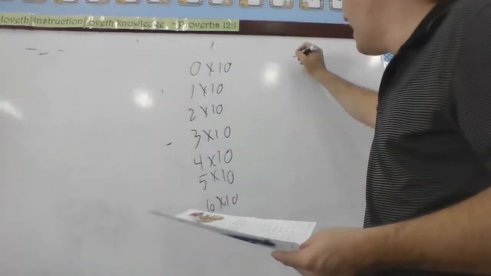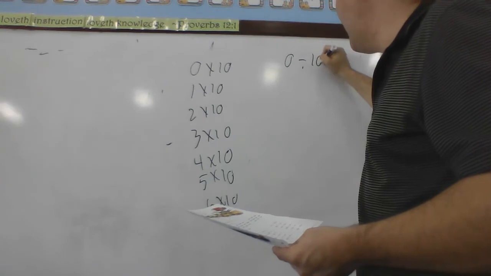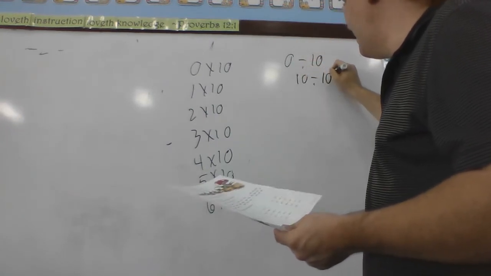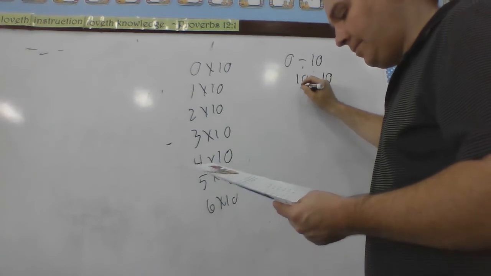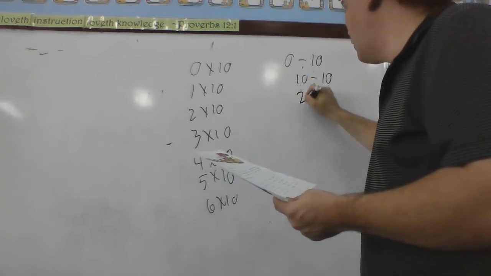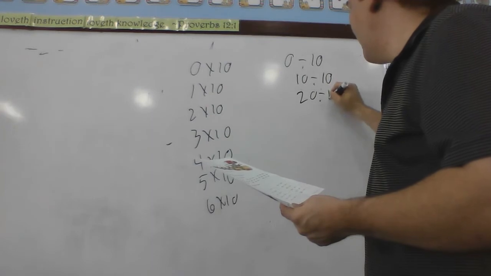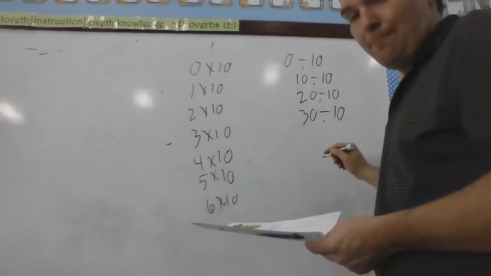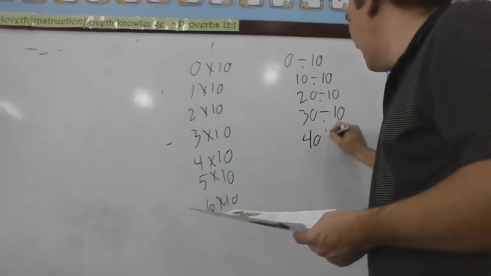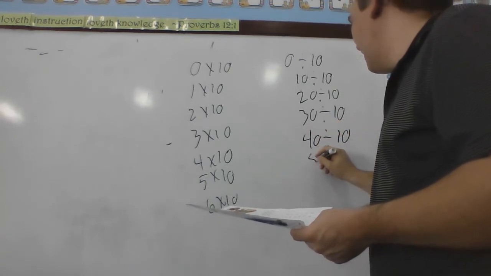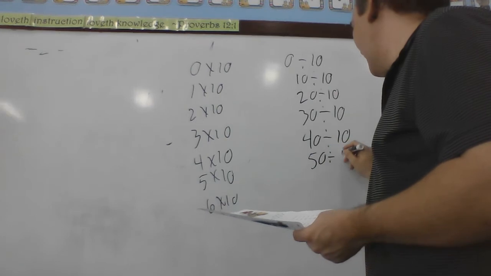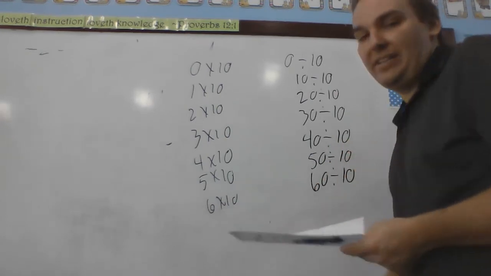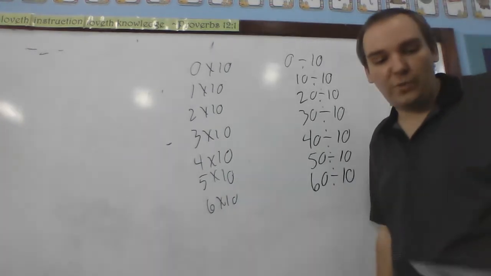And then next to it we have 0 divided by 10, 10 divided by 10, 20 divided by 10, 30 divided by 10, 40 divided by 10, 50 divided by 10, and 60 divided by 10. So what do we do?